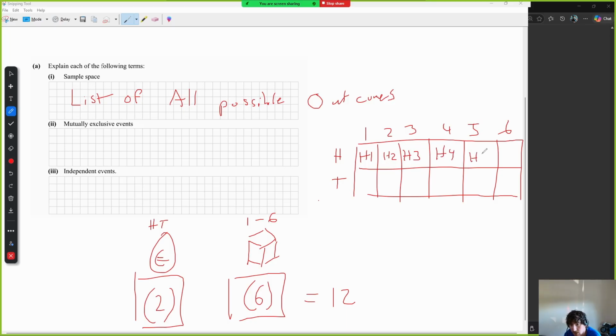Do you see what I mean? H5, and then I'll do some down here. This would be T4, T5, and T6. How many boxes are there? There's 12. So that means there's 12 possible outcomes, but the sample space is this thing here. It is the list of all possible outcomes like this. That's T1, T2, T3. So that is a sample space. Okay, list of all possible outcomes.